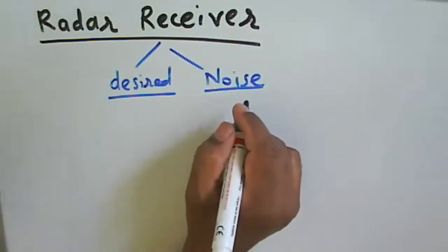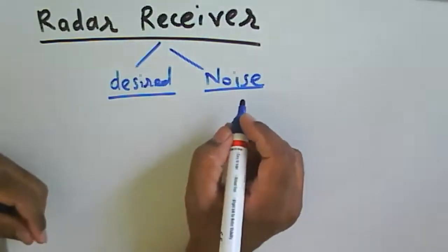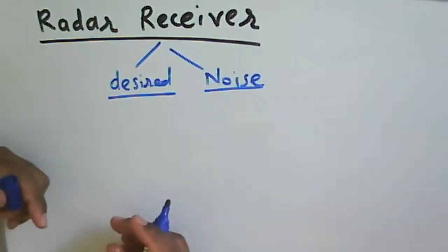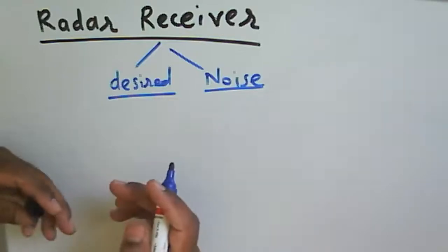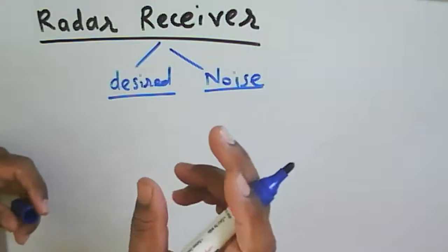That noise consists of various signal frequencies, so we can suppress it through a filter, or through a technique in which we use a threshold.